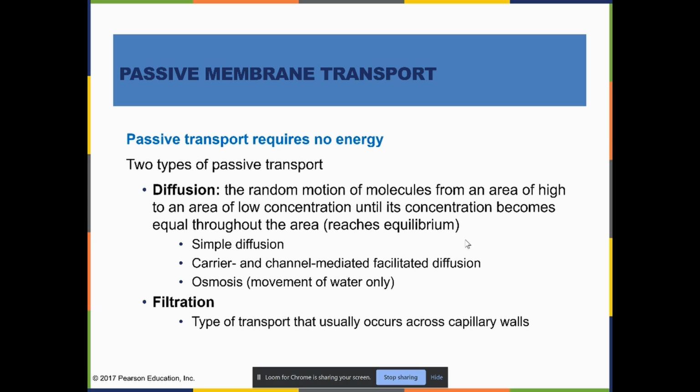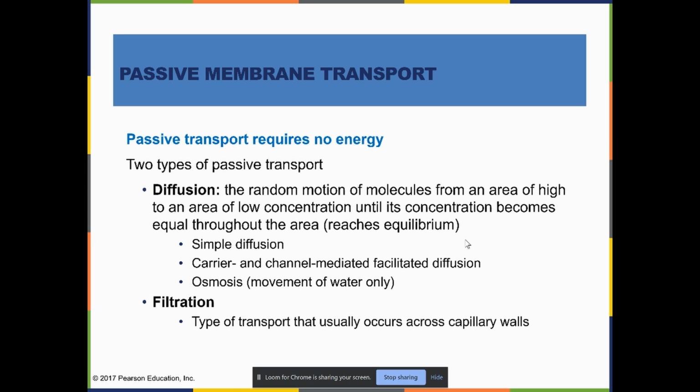So we have a couple of different types of passive transport now to point out. Diffusion can be simple or facilitated. Diffusion is always the random movement of molecules due to kinetic energy, and that will push them from an area of high concentration to an area of low concentration, and they're going to be moving through a membrane. Simple diffusion does not need any carrier or channel proteins in order for it to happen. Something that is lipid soluble, something that is small, can just go straight through the membrane very simply.